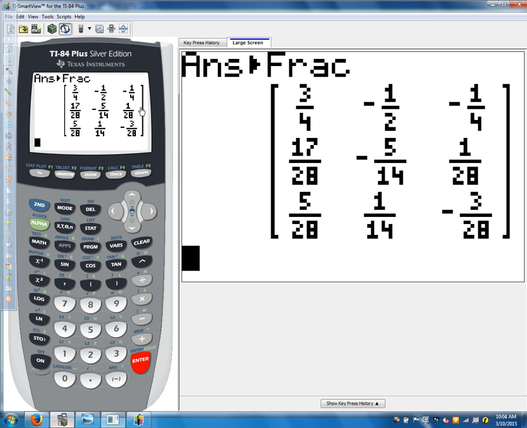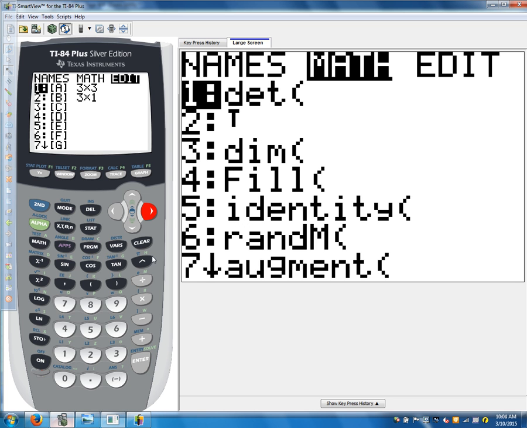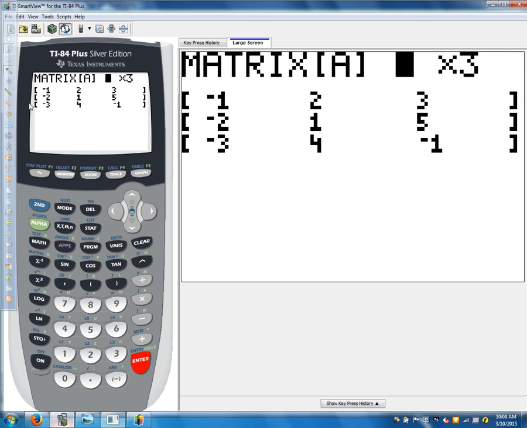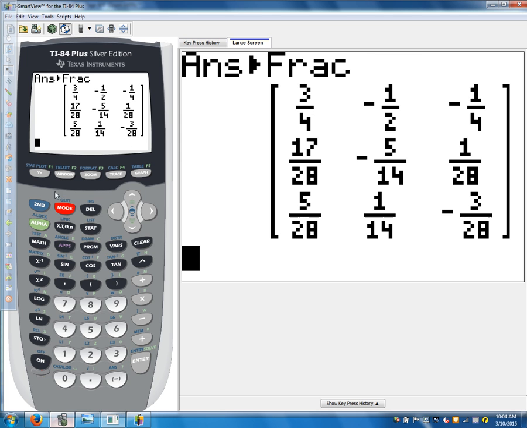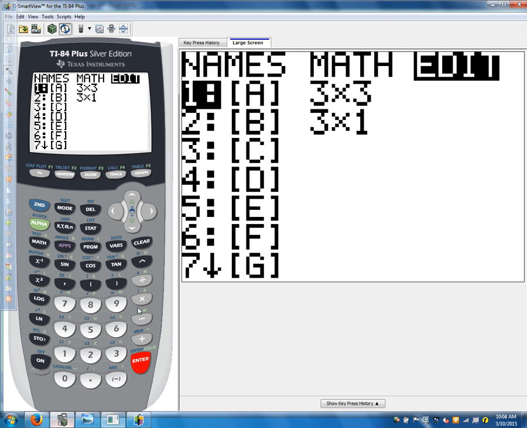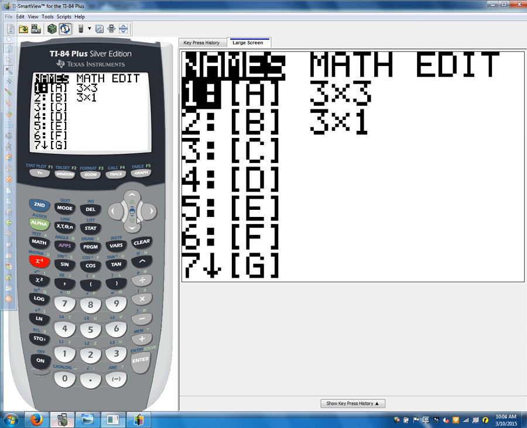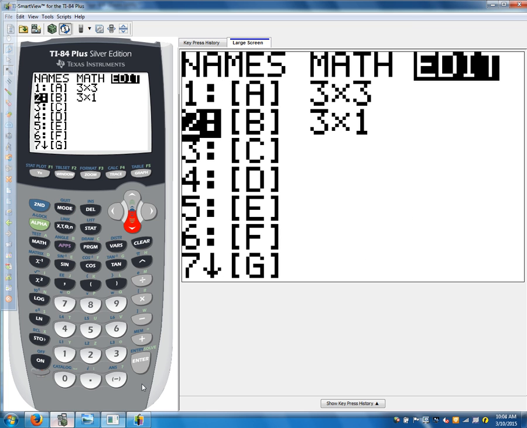If we want to solve a system of equations using this, let's say, I'm going to go back to my matrices. So I have this for my matrix A, and let's say we have a system of equations, negative x plus 2y plus 3z, etc. And that equals, I put in matrix B. There we go.